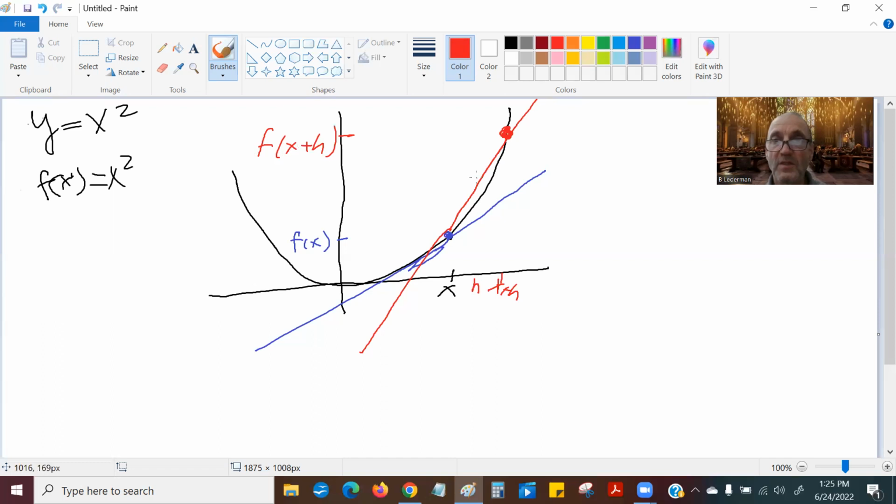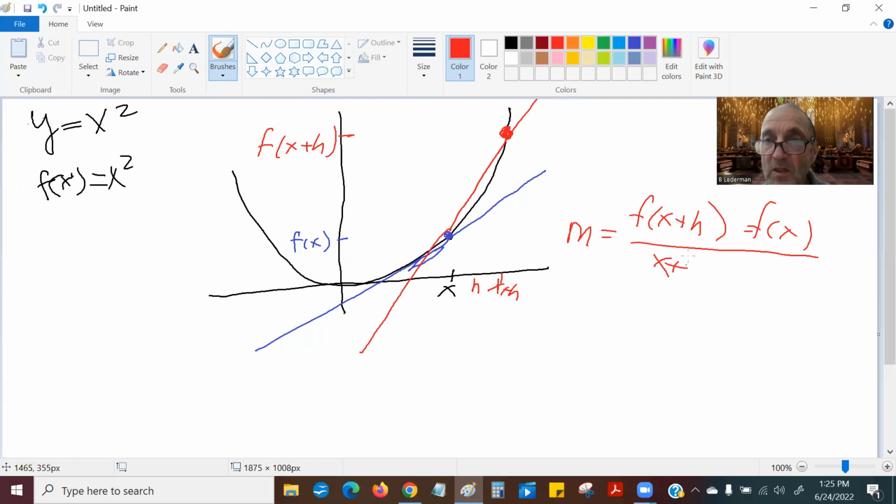Well, the slope of the secant line is equal to f of x plus h minus f of x over x plus h minus x.